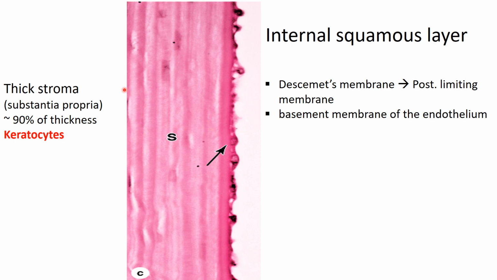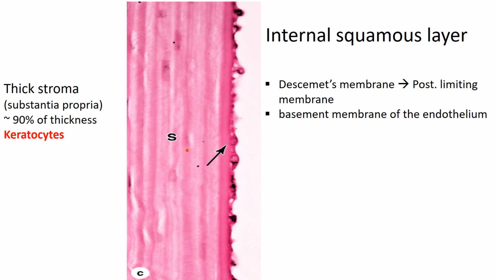Next is this thick layer, which is known as substantia propria or stromal layer. It contributes to 90% of the thickness of the cornea.